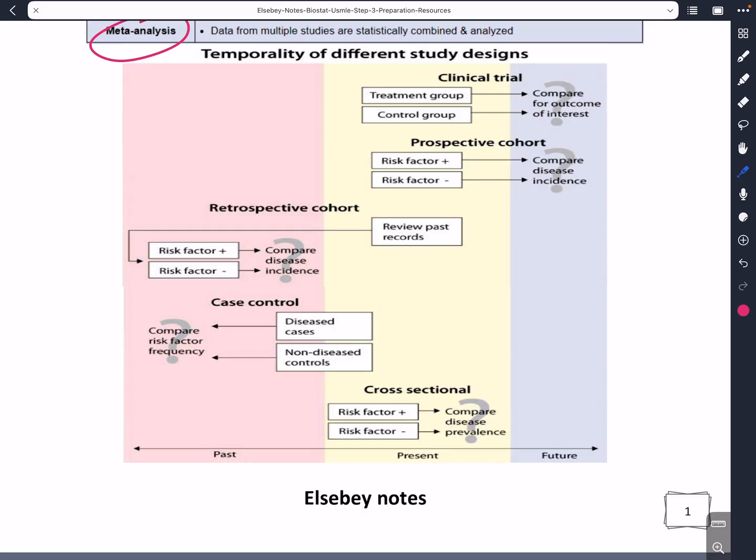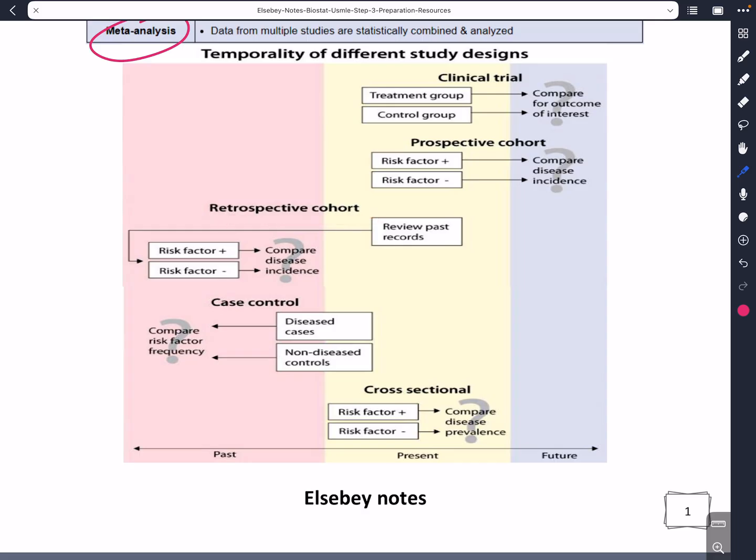And so you can look for incidents in future, or you could look for incidents in the past. In the past, if you are going backwards in time, like from now and then looking for incidents 10 years ago, that would be retrospective cohort.